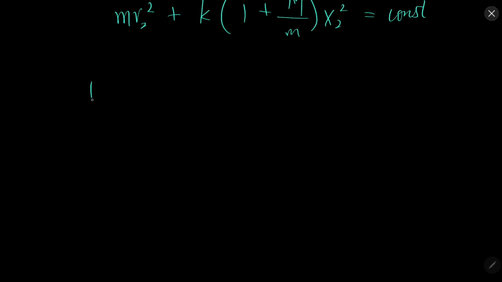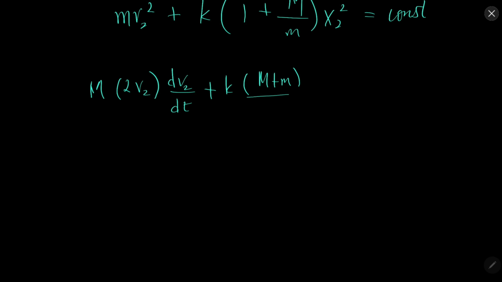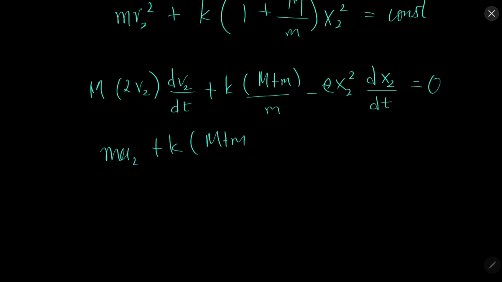Taking derivatives on both the sides, we will get m 2v2 dv2 by dt plus k (m plus m over m) 2x2 dx2 over dt equal to 0. After simplifying this, we will get this value equal to 0. v2 is dx2 by dt.